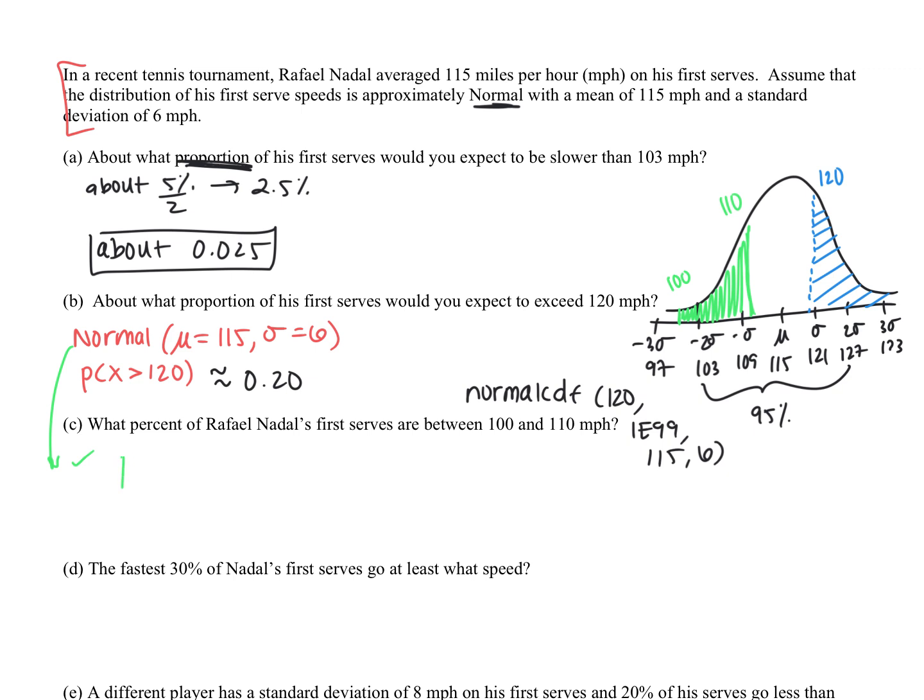So now we're just looking for the probability of being between 100 and 110. And again, you're just doing normal CDF in the calculator. This time though, we're asked for a percent, not a proportion. So if you do this, you get an answer of about 19.6%.